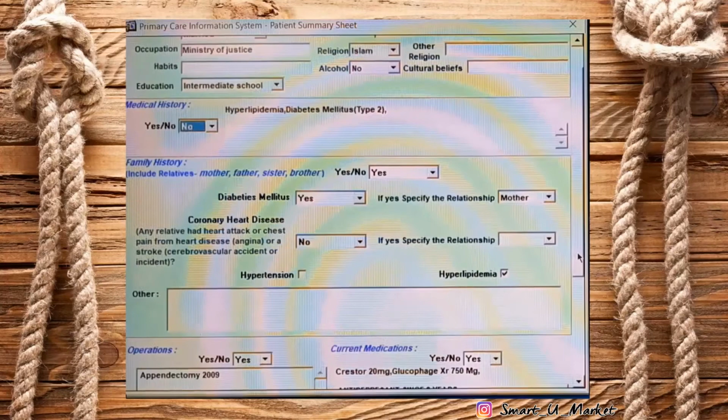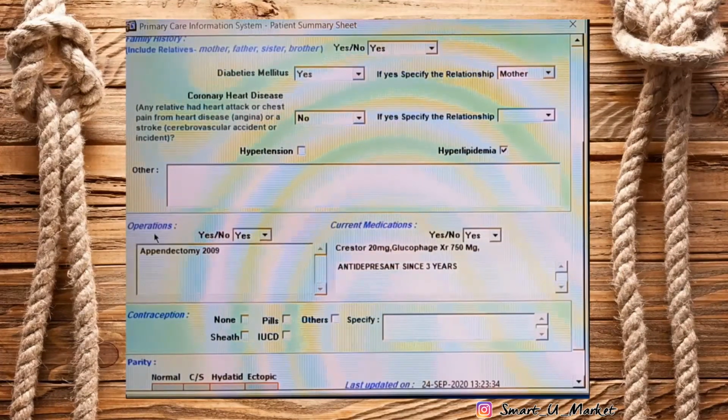There was a strong family history of diabetes, so we went through that, and after that the patient had an appendectomy. Sometimes you will find some important things by taking a detailed history.